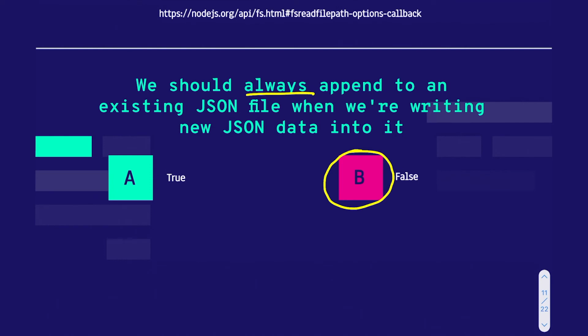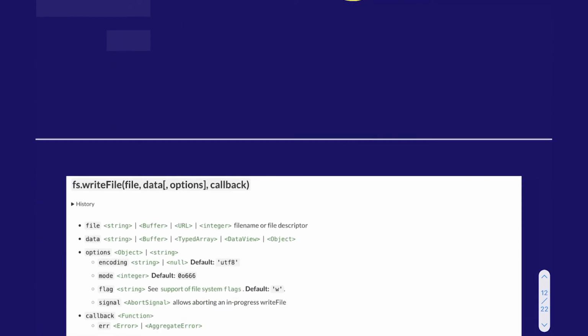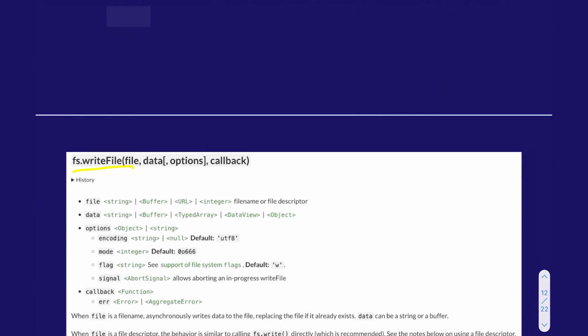Maybe you want to override some sort of data within that JSON file. Let's say, for example, that you allow your user to do a post request, and that post request overrides whatever data they had before. Sometimes we want to write to that file.